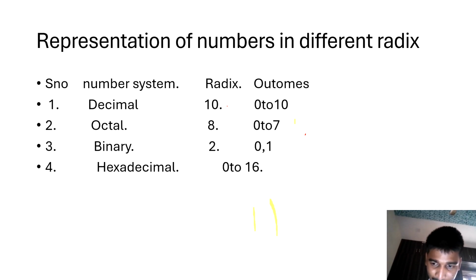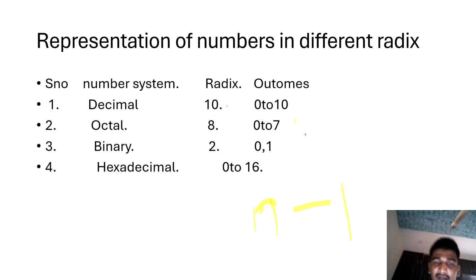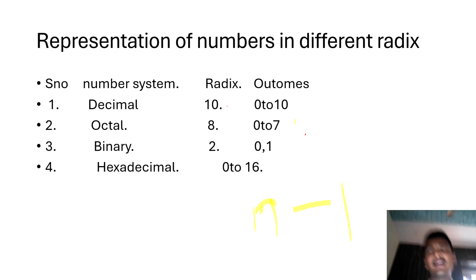With n minus 1, we have 10 numbers, and the possible outcomes are 0 to 9. Why are we taking 0 to 9 and not 1 to 10?